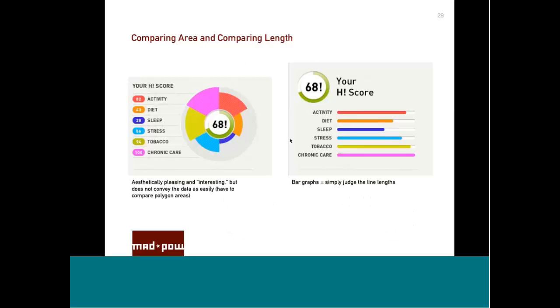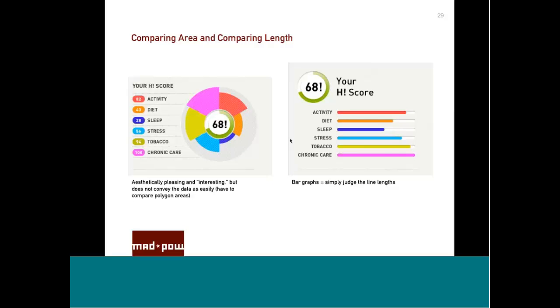So bringing this to an example that we've created here at MadPow, these were two different ways of conveying some data for one of our clients. The one on the left is a little bit more aesthetically pleasing and interesting, as opposed to the one on the right, which basically just conveys the data. And the client rightfully went with the one on the right because it conveys the data in a much more efficient manner. The one on the left, we would really have to stare at a little bit in order to compare the areas of those polygons.